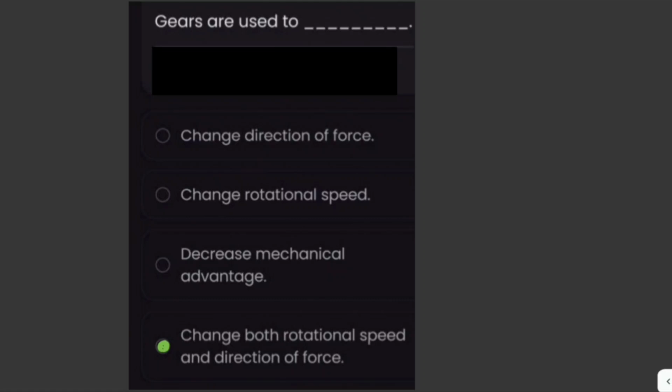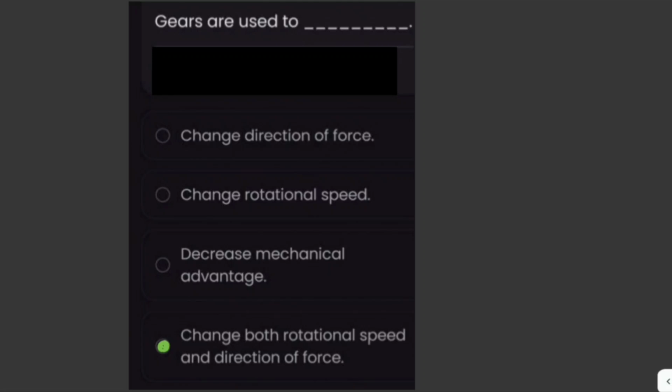They have different sizes and numbers of teeth, which allows them to change the speed and direction of rotation. When two gears of different sizes are meshed together, the gear with fewer teeth, or smaller gear, will rotate faster than the gear with more teeth, or larger gear. This change in rotational speed is used to transmit power and control the speed of different components in machinery.